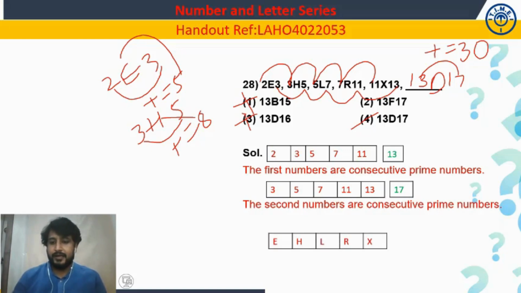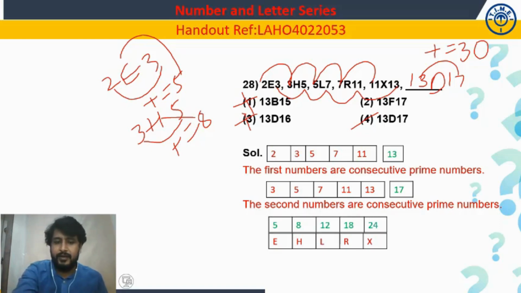E, H, L, R, X. We can also discuss in another way. Here we correlated the given numbers and the letters. The other way: 5 to 8 is plus 3, 8 to 12 plus 4, 12 to 18 plus 6, 18 to 24 plus 8. So 3, 4, 6, 8 is not following any pattern, right?